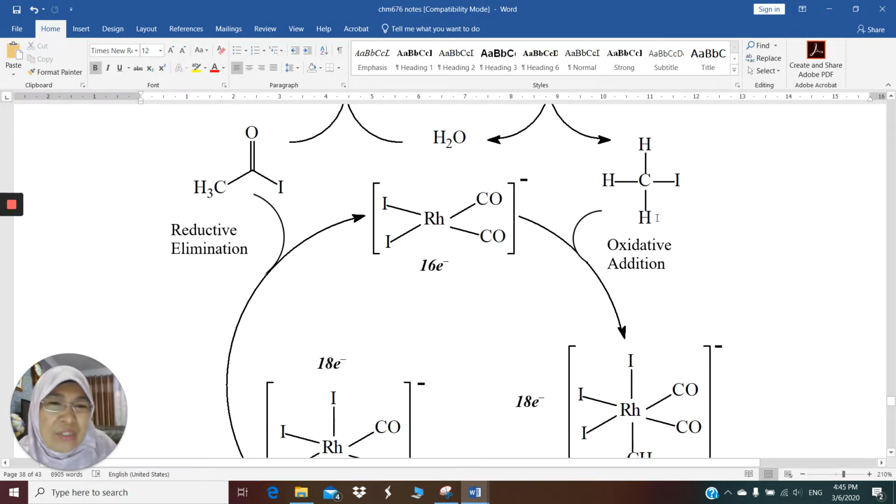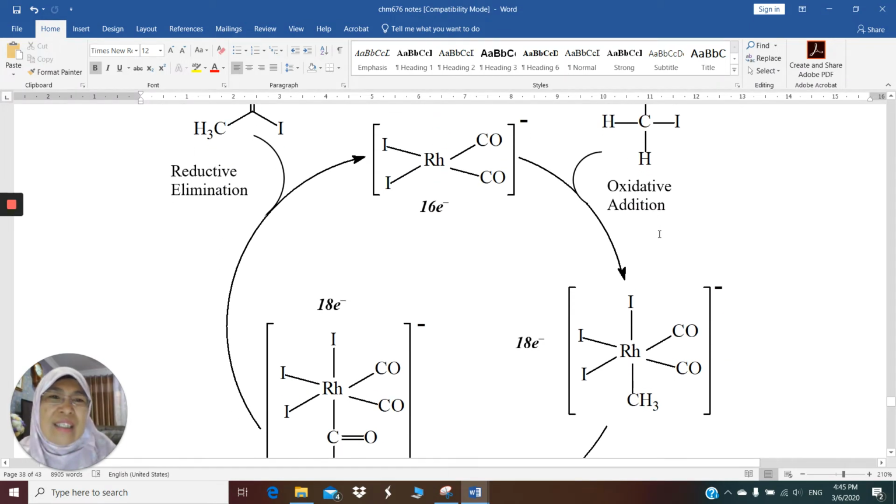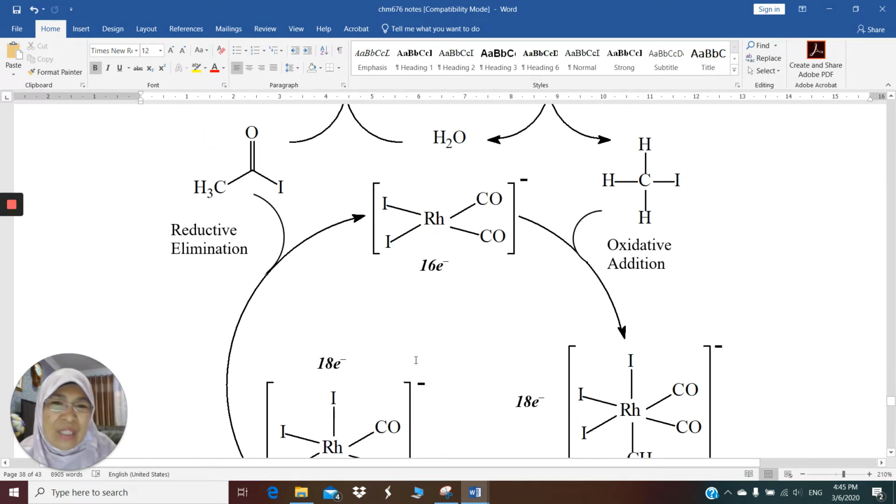Now, when you get your iodomethane, the iodomethane will add itself onto your rhodium catalyst. This is your catalyst where you have a rhodium in the middle, 2 carbonyls and 2 iodides with a minus charge.